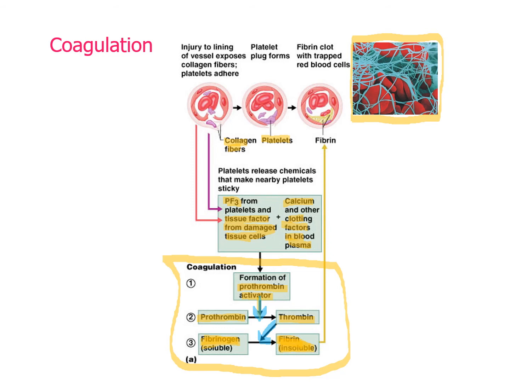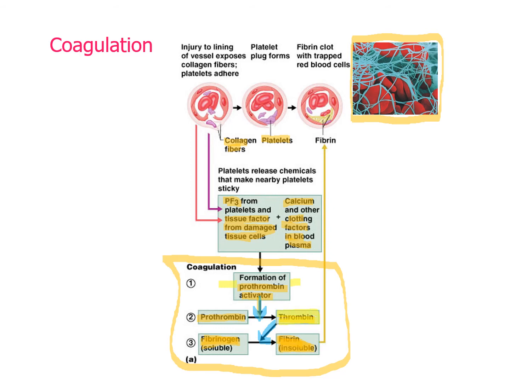So here, the prothrombin activator is acting as an enzyme on its substrate, which is prothrombin. So it cuts or cleaves prothrombin to form active thrombin.